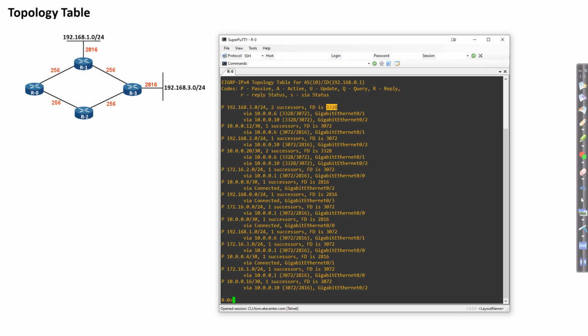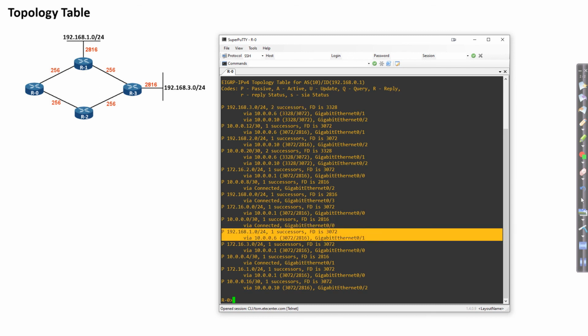The feasible distance is 3328. Both paths have the feasible distance of 3328. Therefore, I have two successors. Now let's take a look at 192.168.1.0. It only has one successor, 3072 via 10.6, which is router 1 out of gigabit 0/1.